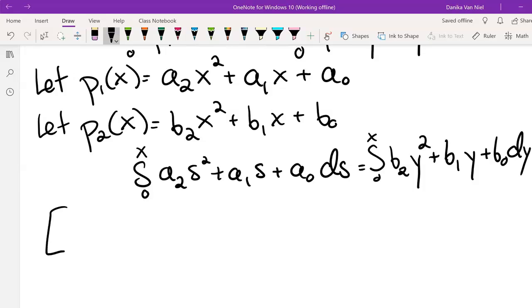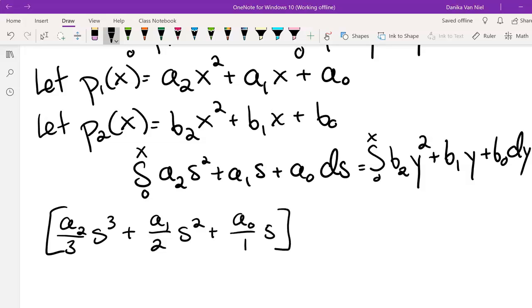We get a2 divided by 3 s cubed plus a1 divided by 2 s squared plus a0 divided by 1 s, from 0 to x. Beautiful. So this is just going to be a2 over 3 x cubed plus a1 over 2 x squared plus a0 x.